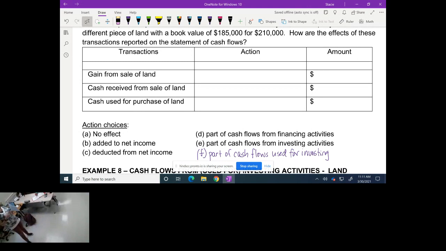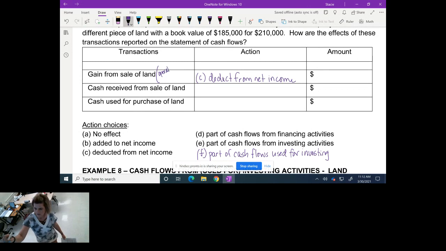Are we deducting it from net income or adding it to net income? We'd be deducting it. So it's C, deduct from net income. And I'm going to put right here operating activities section, just so you know.